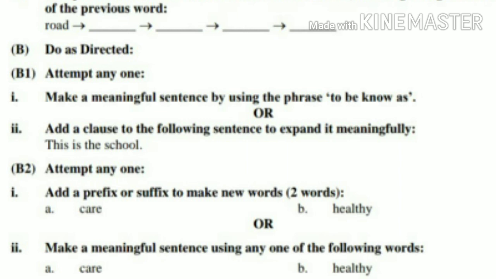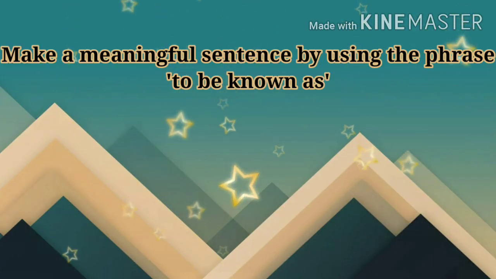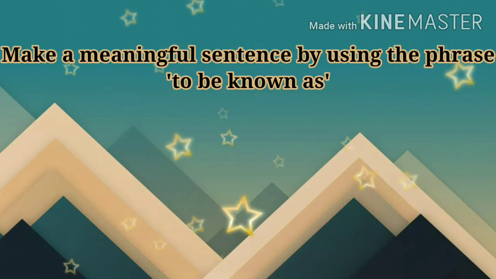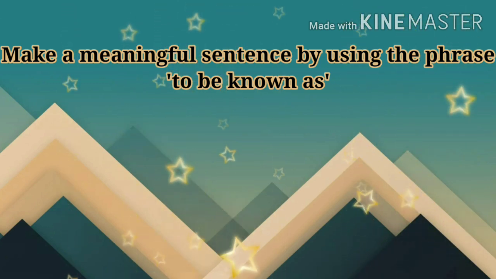The sentence is, this is the school. So we have to attempt either first one or second one. Now let's see the first one. Make a meaningful sentence by using the phrase to be known as.